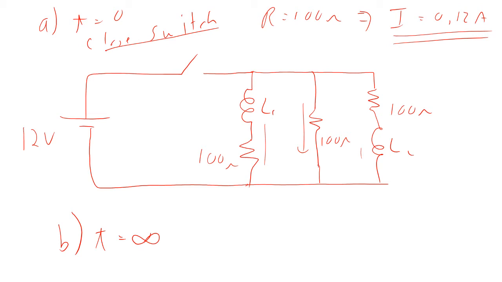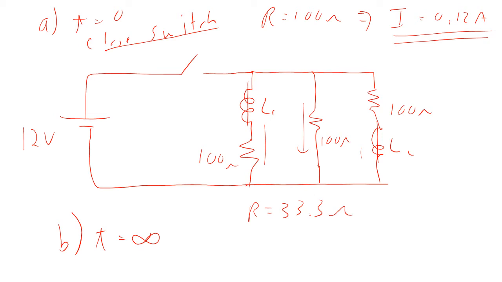All right, next question. After a long time, what happens? Well, after a long time, the inductors act like wires. So that means we have three 100 ohm resistors in parallel. So the total resistance is going to be 33.3 ohms.